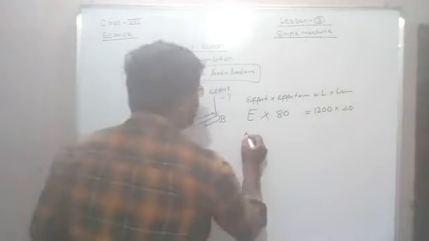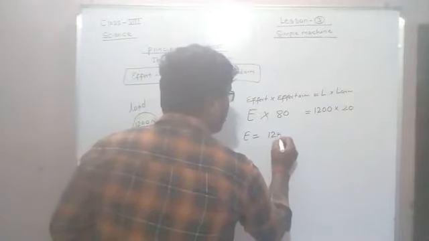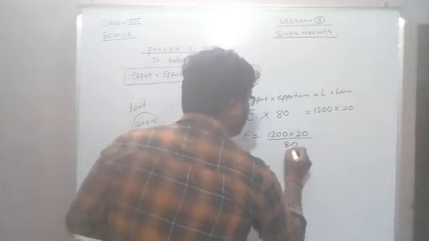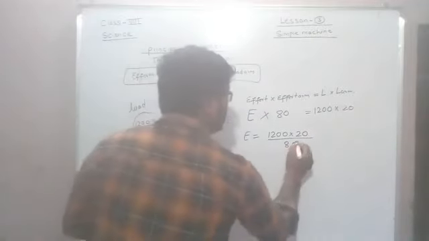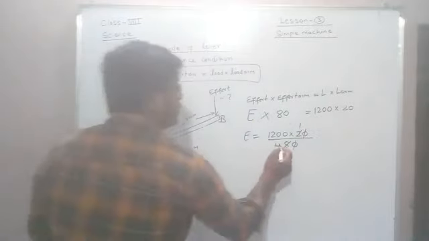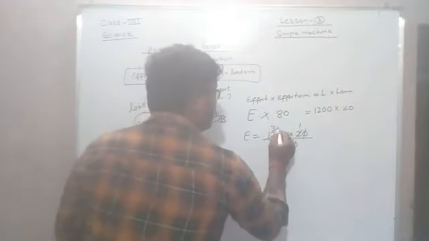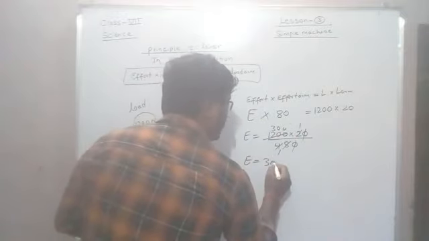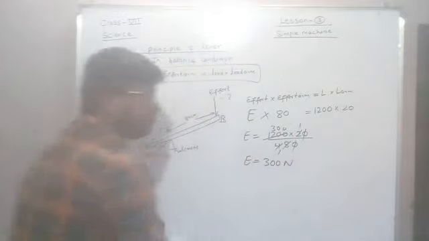Let's see. So E is equal to 1200 into 20 upon 80. Again let's cancel here: 0 and 0, 2 1s are 2, 2 4s are 8, 4 1s are 4, 4 3s are 12. So we got 300 Newton.